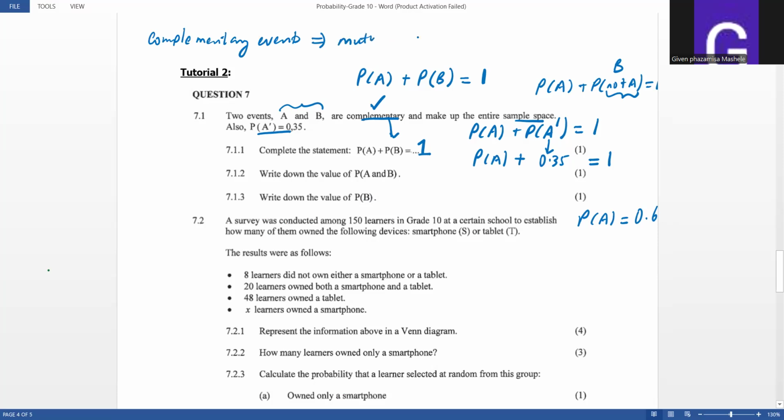It means the probability of A and B is 0. The sum of those events adds up to 1, but A and B becomes 0. It says write down the value of the probability of A and B. They are not intersecting, so 0. If they add up to 1, they're complementary, and since they're complementary, they have to be mutually exclusive.